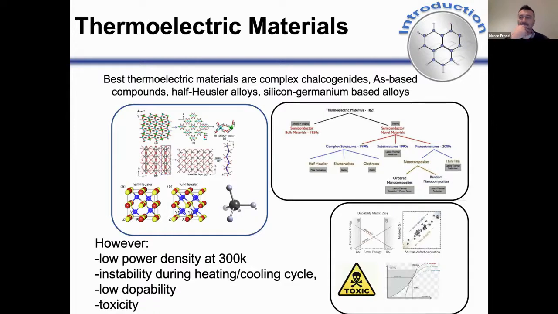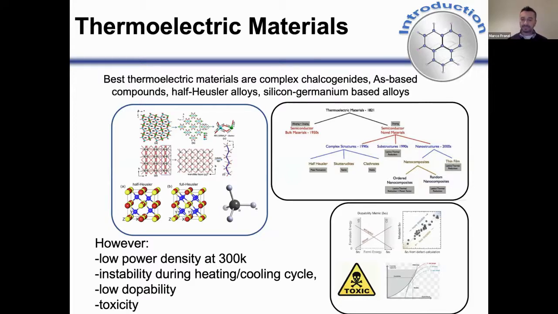From one side, they can act very well as good thermoelectric materials, but on the other side, they show some shortages, let's say some disadvantages. For example, some of them show lower power density at lower temperature. Some others show instability during heat cooling cycles, or low dopability, or toxicity.